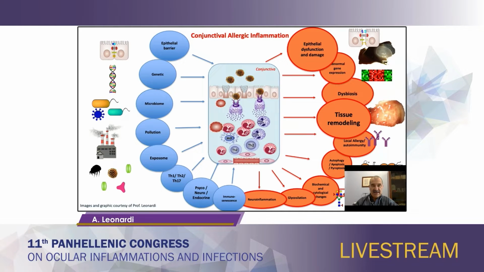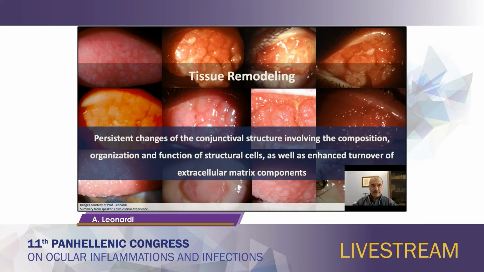There are several aspects of allergic inflammation that might be taken into consideration as cofactors and effects on the ocular surface. Today in particular, I will talk about tissue remodeling and briefly epithelial dysfunction.